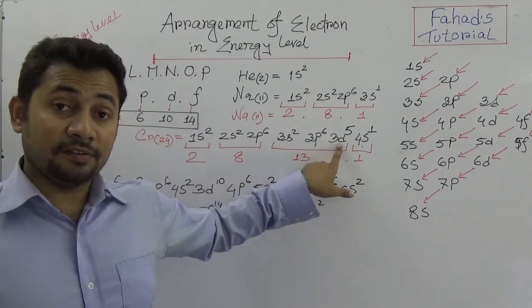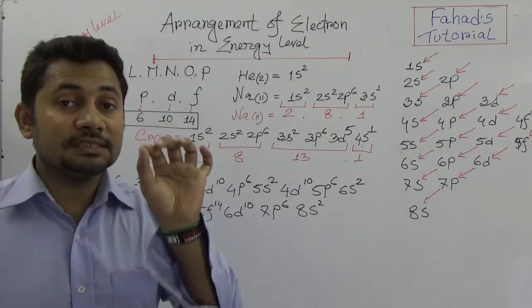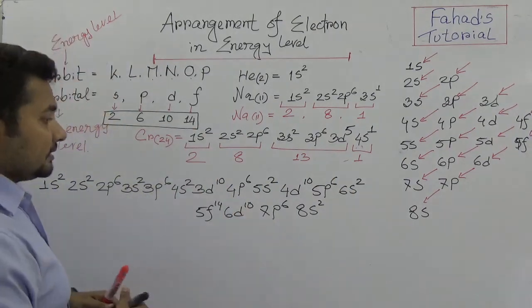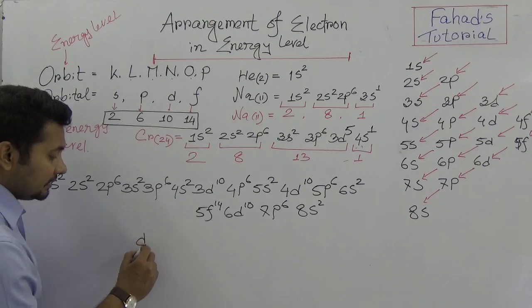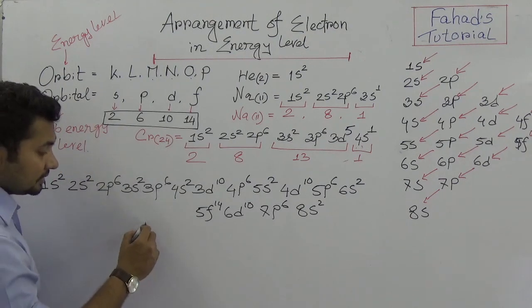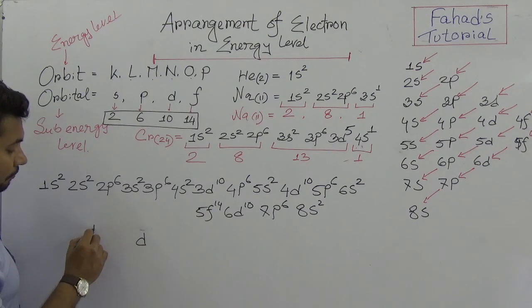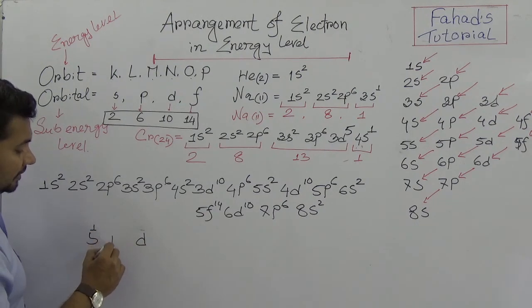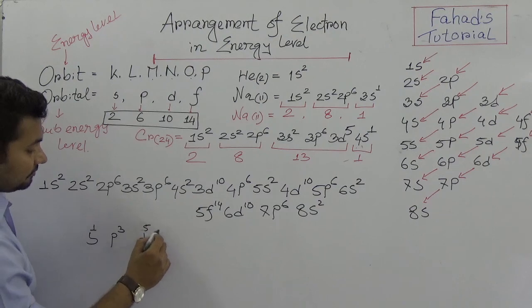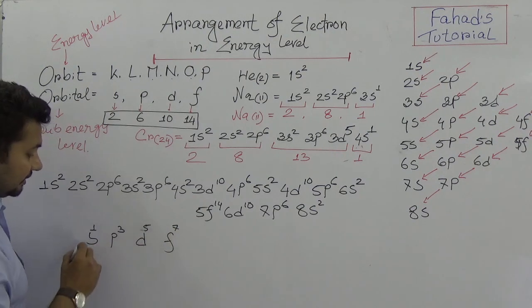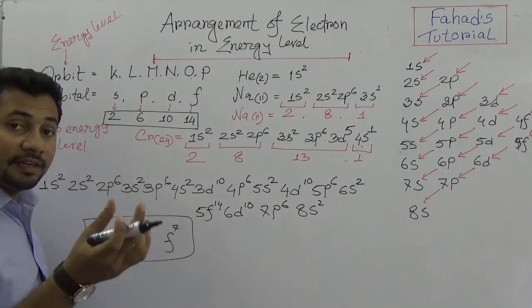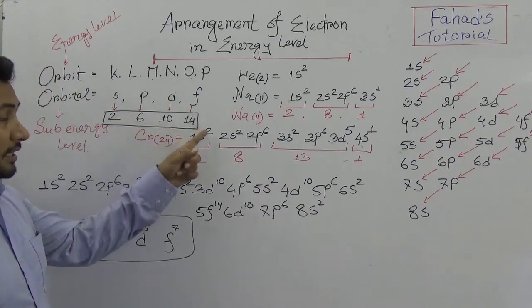Because in case of 3d, it's always stable. As we know, S1, P3, D5 and F7 is the half fill of these electrons.